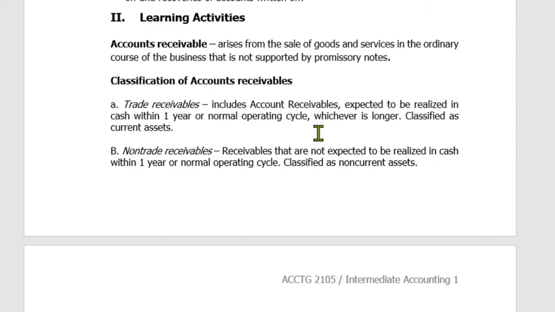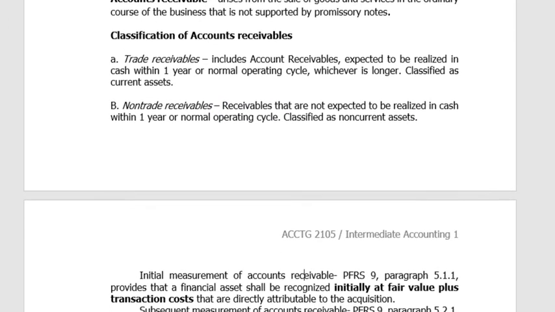But in actual practice ay 1 year ang operating cycle ng most companies. So ano ang classifications nito? This is classified as a current asset. So kapag yan ay beyond na sa 1 year or the normal operating cycle, it is classified as non-current assets and as non-trade receivables.